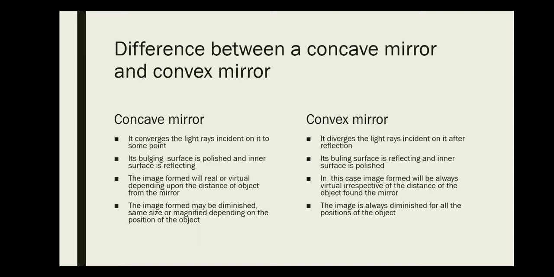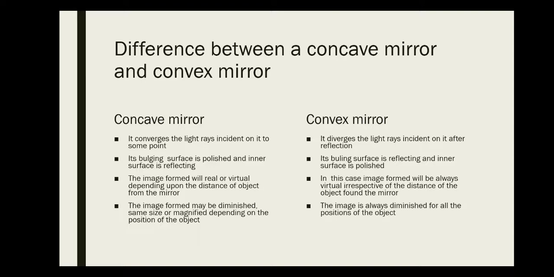Concave mirror, what happened? Bulged surface is the polished surface, inner surface is the reflecting surface. Here the bulged surface is a reflecting surface, inner surface is a polished surface. Here, what type of image? Diminished, real, virtual images are formed depending upon the distance of the object. Here it always forms a virtual image irrespective of the distance of the object.